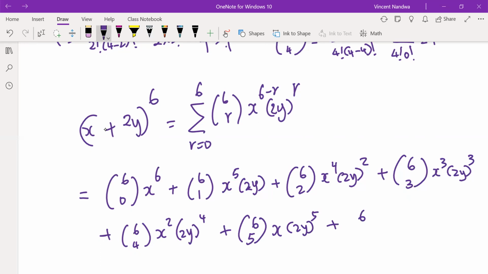Lastly, plus 6 combination 6. Then x power 0 is just 1. So (2y) power 6.